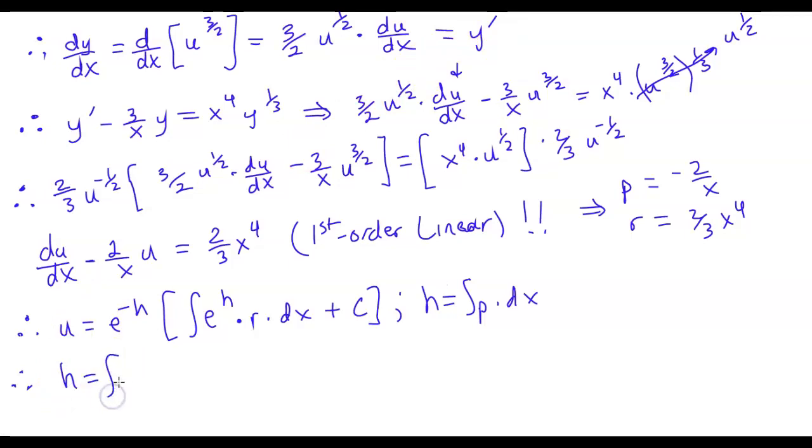All right, so now we will go ahead and find what h is going to be. So h is the integral of p, minus 2 over x dx, which is just going to be negative 2 times the natural log of the absolute value of x, or the natural log of the absolute value of x raised to the negative 2.